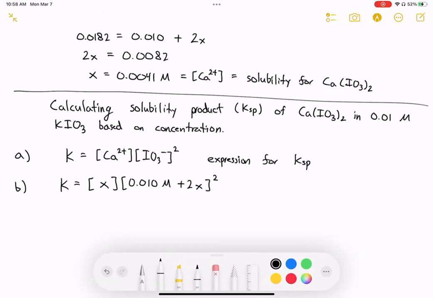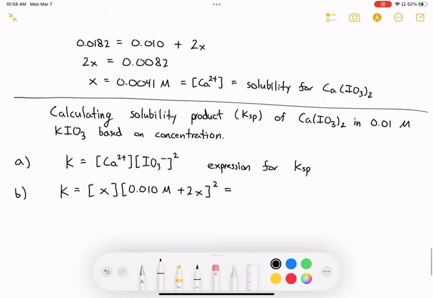So now this means we're going to solve this equation. This gets a little bit complicated.